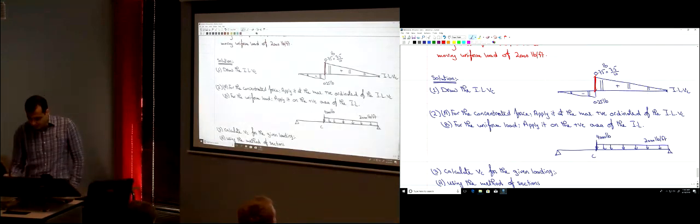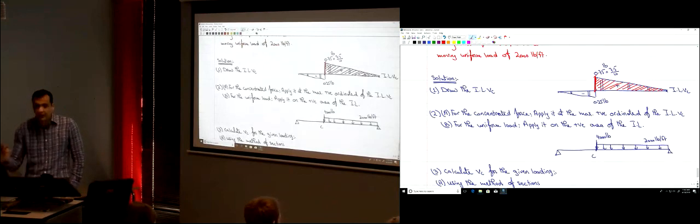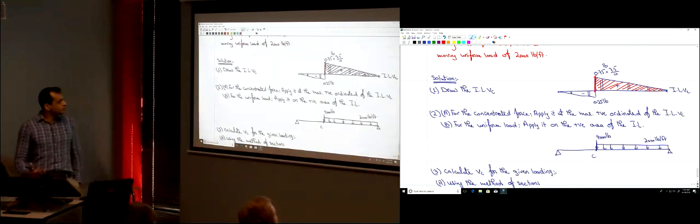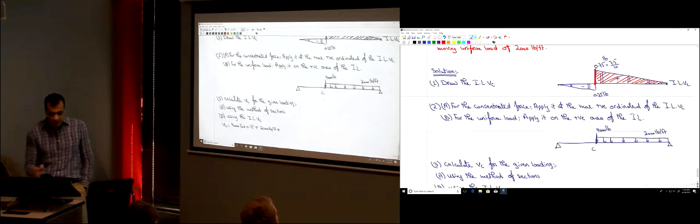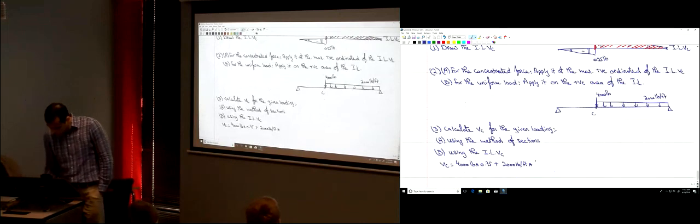Just to the right of C. So you have to multiply it by this area. How much is this area? It's a triangular area. So the area is just 1/2 the base, which is 7.5 feet, times the height, which was 0.75.